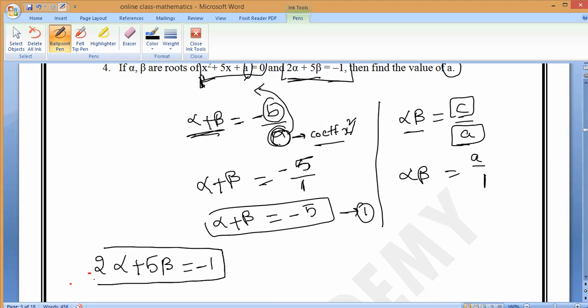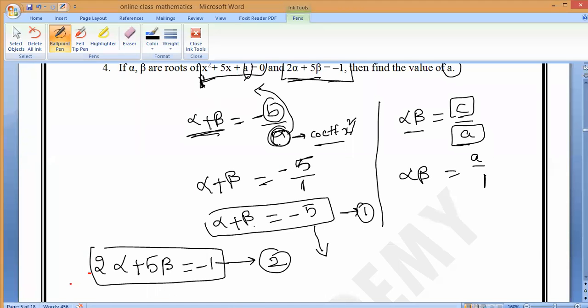This is equation 2, and alpha plus beta equal to -5 is equation 1. Solve equation 1 and equation 2, all of you. Here we have 2 variables and 2 equations, then find the alpha and beta values. Do you know or don't you know? Respond. You don't know how to find that?